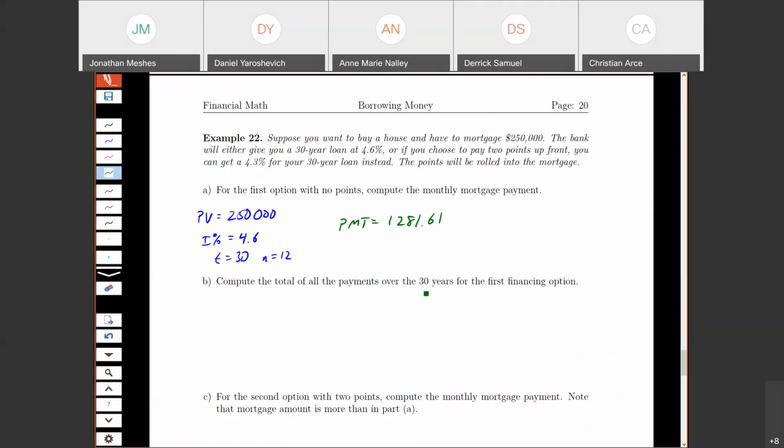Now compute the total of all of my payments for this first financing option. So our total payments is going to be $1,281.61, 12 times a year for 30 years. And we end up with $461,379.60.